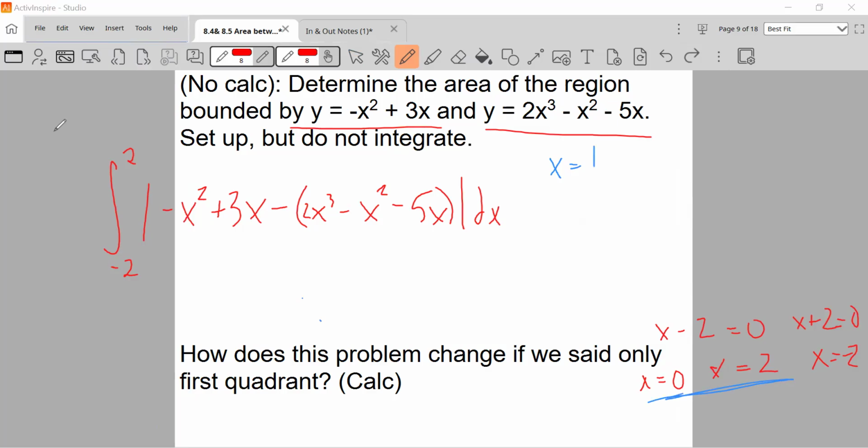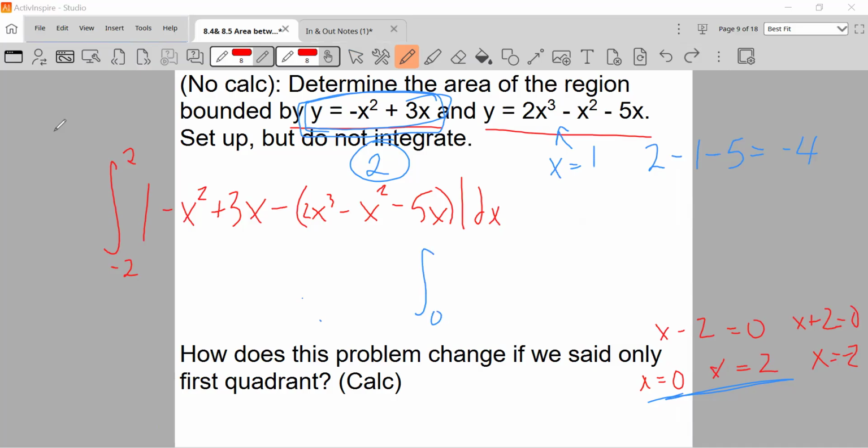Plugging x equals 1 into the first equation, I get -1 plus 3, which equals 2. Plugging 1 into the second equation, I get 2 minus 1 minus 5, which equals -4. 2 is bigger than -4, so this function's on top between 0 and 2, which means more than likely, not 100% of the time, but more than likely, our other function's going to be on top the second half.